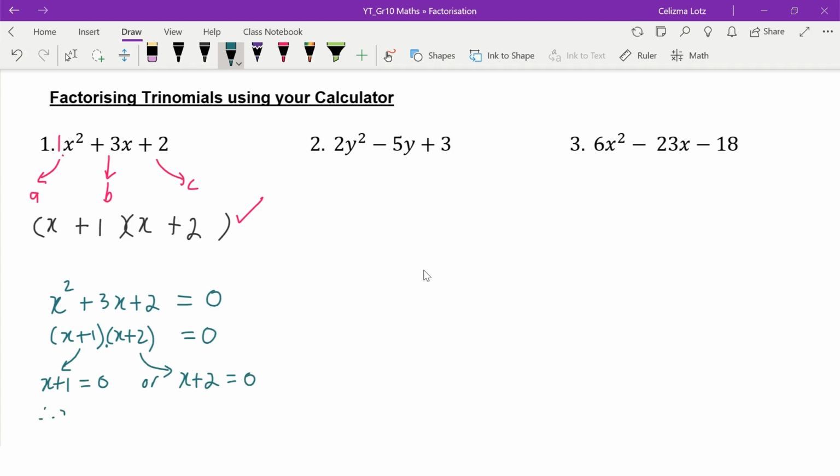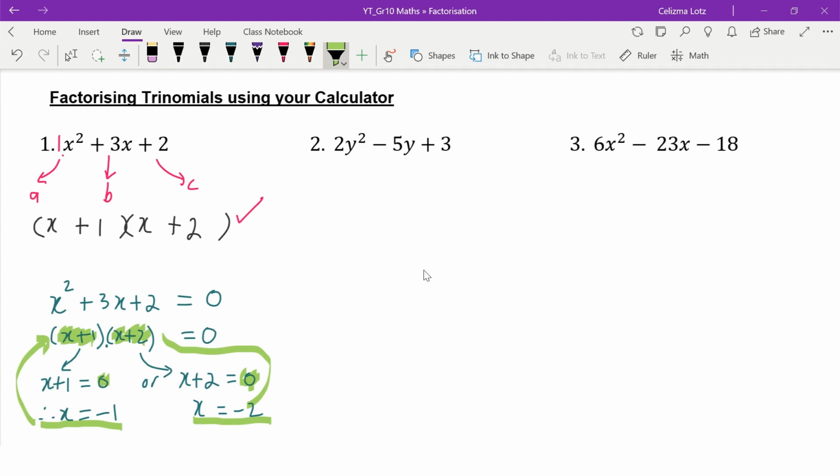And therefore, x is equal to -1, or x is equal to -2. Now, your calculator just went straight there. So why does the sign change? Because the factor is actually x plus 1. And when we make it equal to 0, we take it over to the other side, and that's why it's got a different sign.